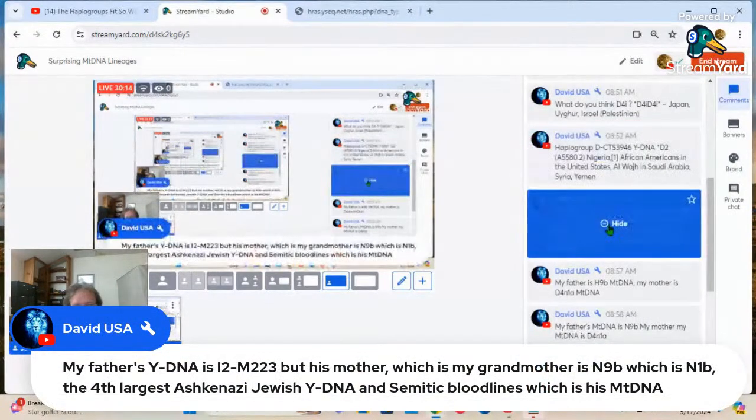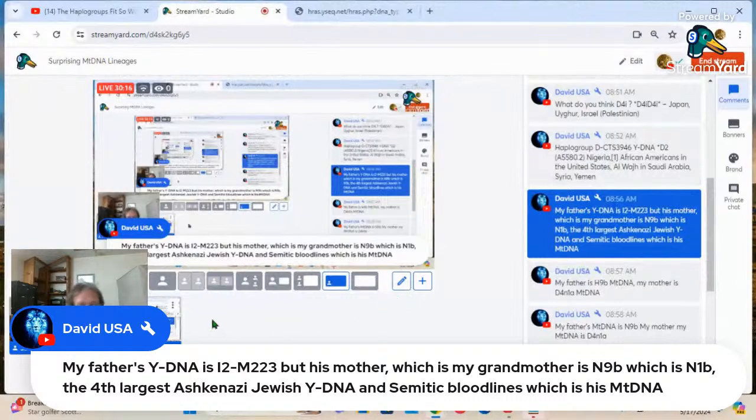DNA does not lie. It's the absolute truth, as much absolute truth as we can get in science. My father's Y DNA is I2 M223.